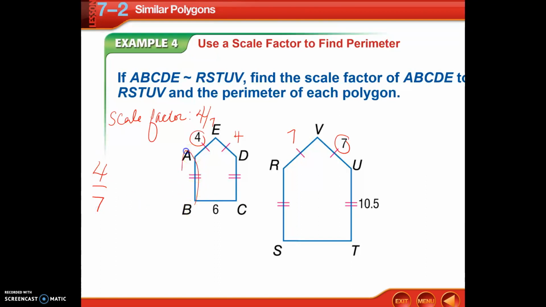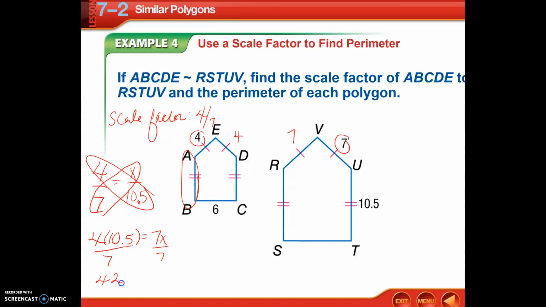And let's look for AB, because if we have that, we can get DC, which gives us that perimeter. So 4 over 7 would equal AB, which we don't know, we'll call x, over 10.5. So cross multiply. 4 times 10.5 equals 7x, and then divide by 7.